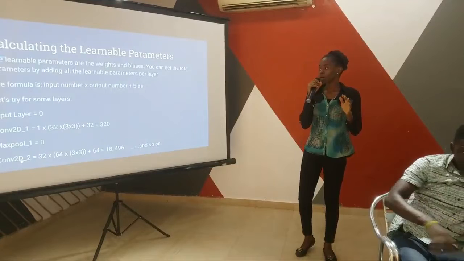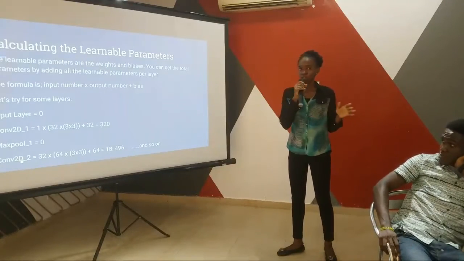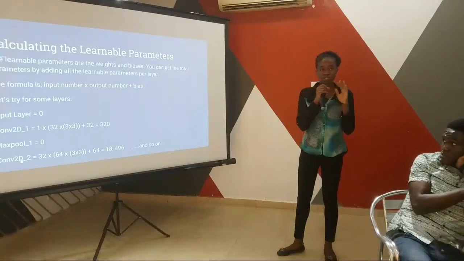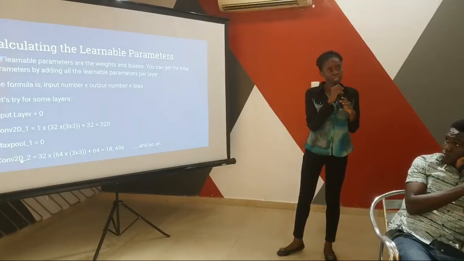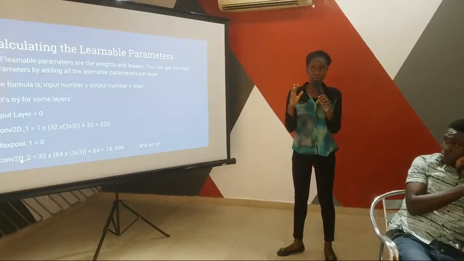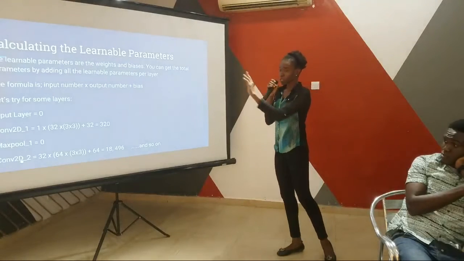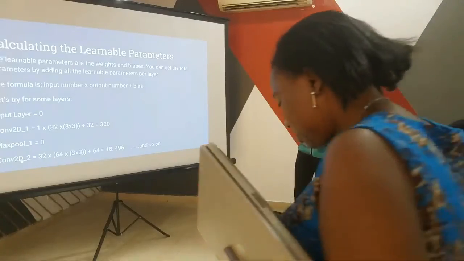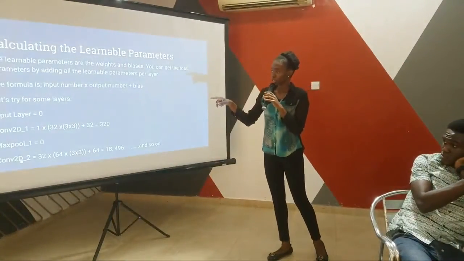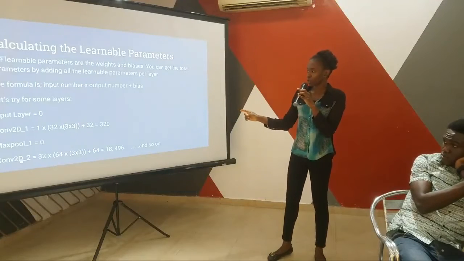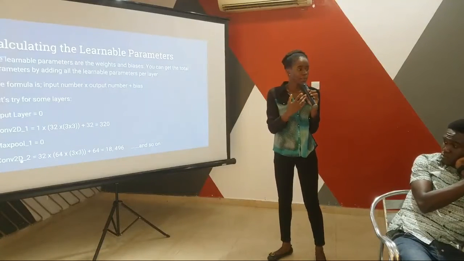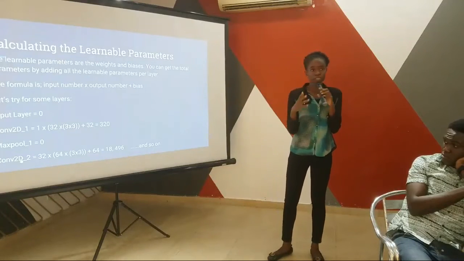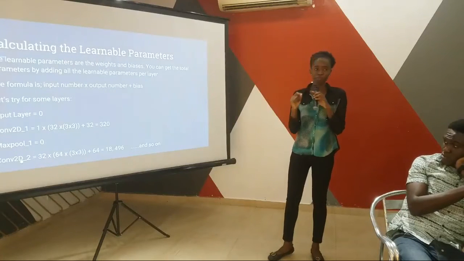I still have to mention that there are learnable parameters in the CNN. If you want to get the total learnable parameters in the CNN, you calculate it layer by layer. First thing first, the input layer doesn't have any learnable parameters, and learnable parameters are the weights and the biases, so they are only found in the convolutional layers. From our code, we're using 3 by 3 filters, 32 in number.